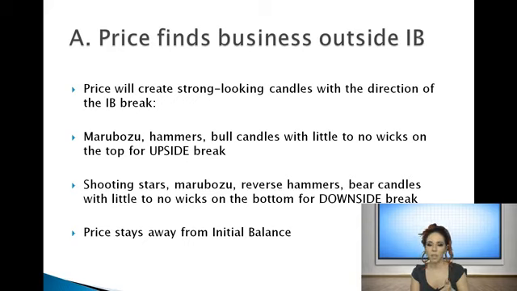So upon the break of initial balance, other strong candlesticks are obviously also acceptable. I'm not always going to be looking for a Marubozu candle. So let's say if the price falls below initial balance via a shooting star or maybe a confident bear candle without much of a lower wick, that is also a sign that the direction is likely to continue. But you would still wait, if you're not in a trade already, you would still wait for your entry from a pullback into a conterminous line.